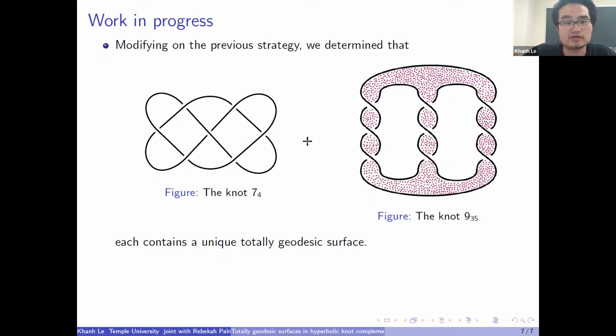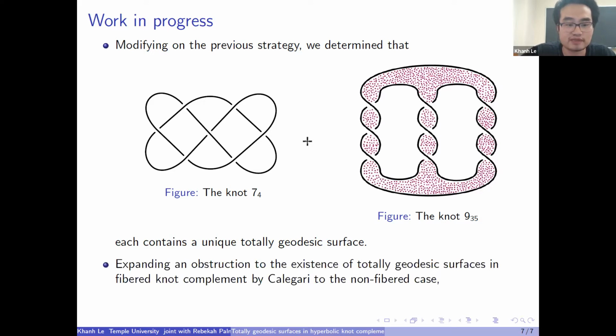And as a conclusion, let me describe some of the work in progress. By modifying the previous strategy, we were able to determine that the knot 7_4 and the knot 9_35 in the Rolfsen knot table contain a unique totally geodesic surface.